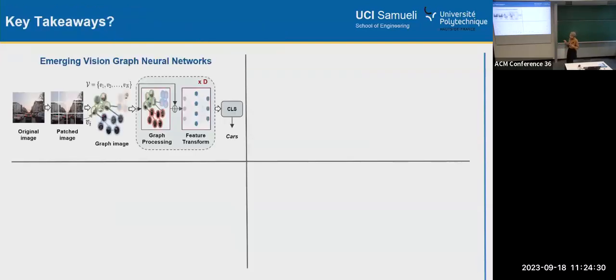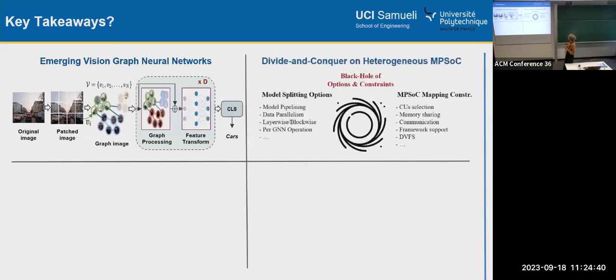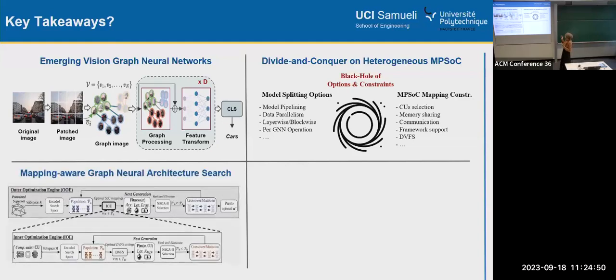So to summarize, in this work, we incorporate the case of graph neural networks and their efficient execution on MPSoCs. Specifically, we tackle the case of vision graph neural networks. We also provide a distributed mapping strategy, discussing the pipelined mapping over the computing units of the MPSoC. We propose to investigate the two search spaces of GNNs and mappings.